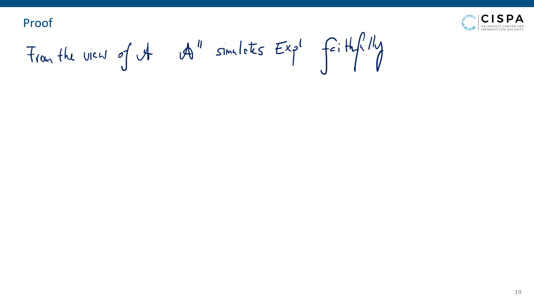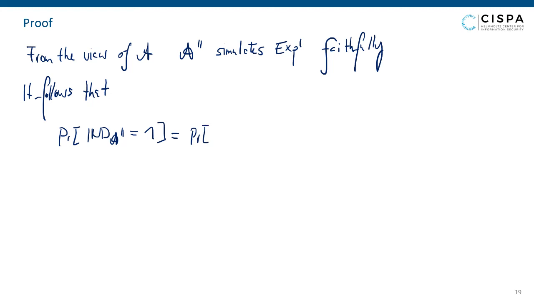Therefore, it follows that the probability that our adversary A double prime wins the IND experiment is precisely the same as the probability that A wins the exp prime experiment.